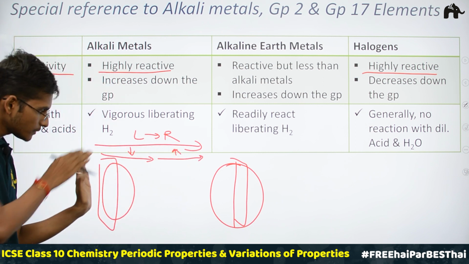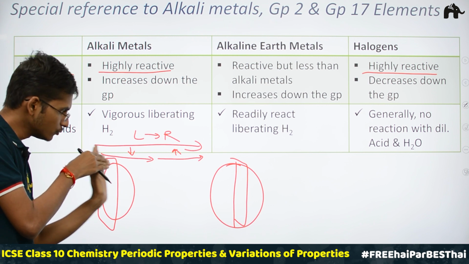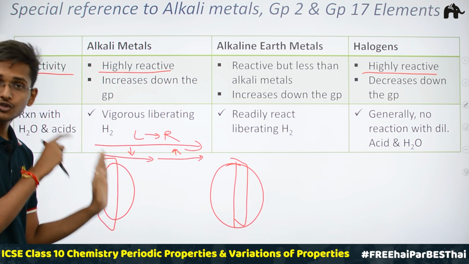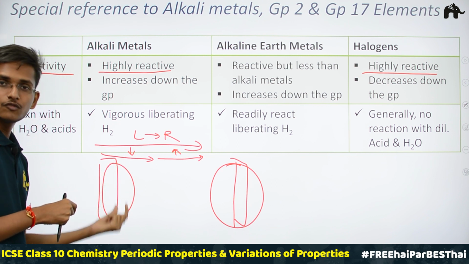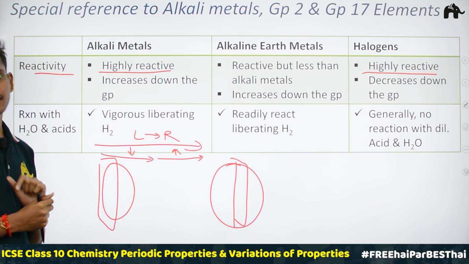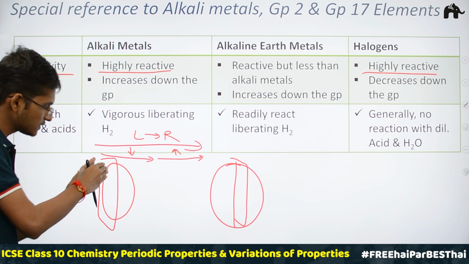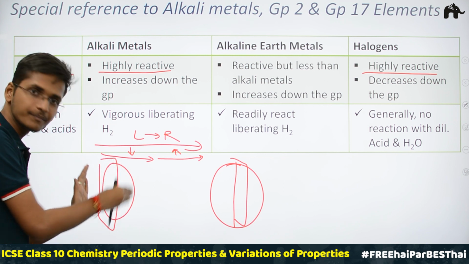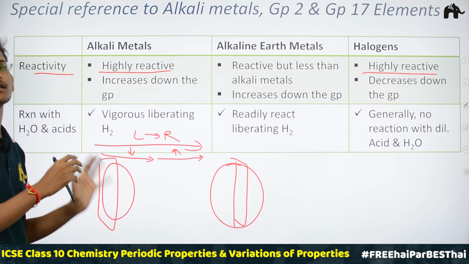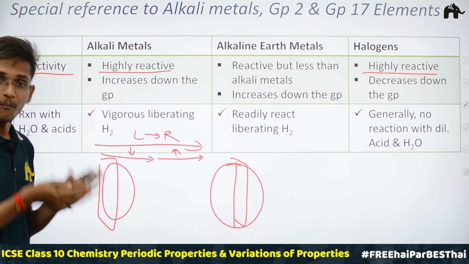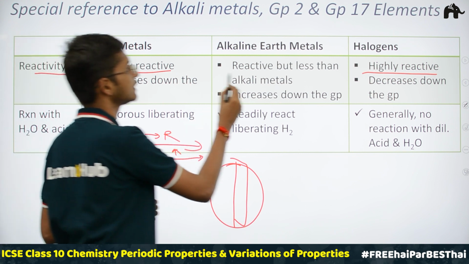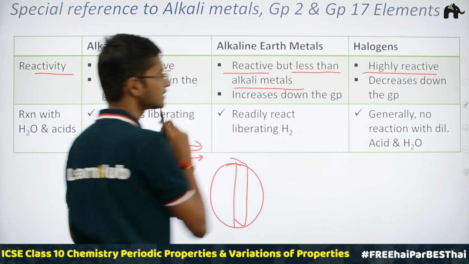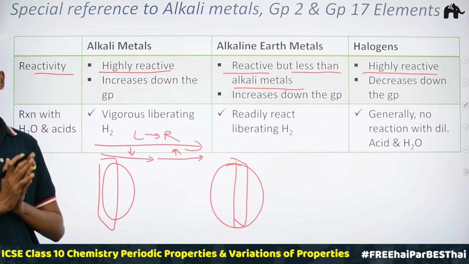So from alkali metals when we are moving, reactivity is decreasing. So the alkaline earth metals would have less reactivity than alkali metals, right? But since alkaline earth metals also belong to the extreme left, they are also reactive, but their reactivity is less than the alkali metals.